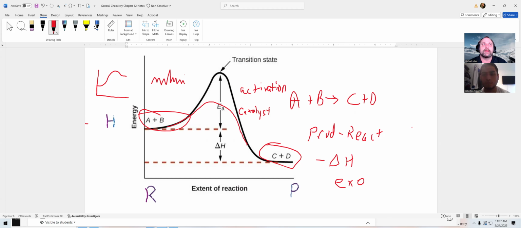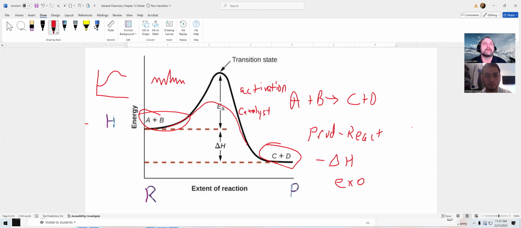If you ever see a school bus or a car that doesn't have a catalytic converter, it's a big black cloud coming out the back. When you put this on, it helps reduce it down to much smaller hydrocarbons so it doesn't make that big nasty stuff. Most of it burns. And so that's a catalyst.